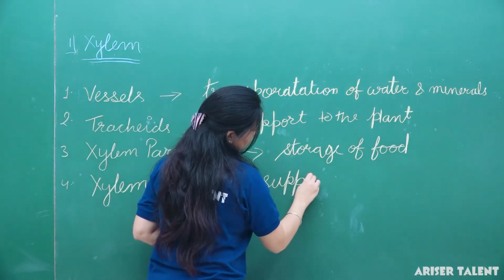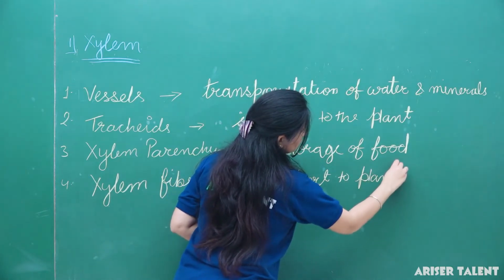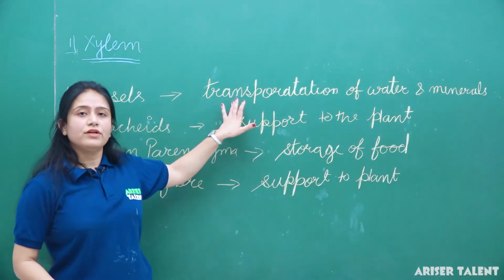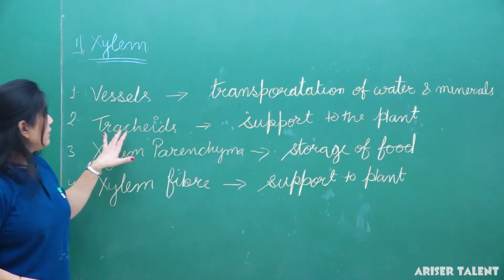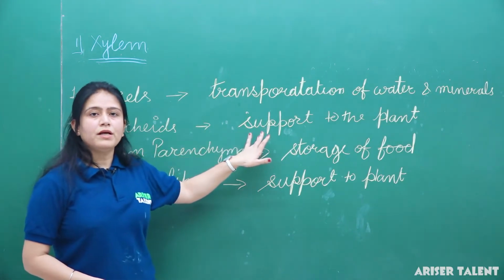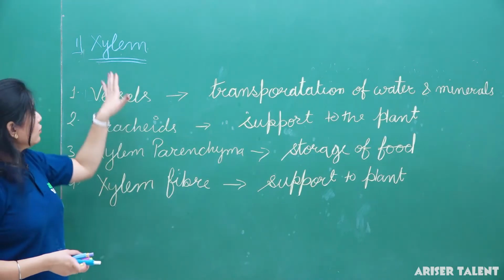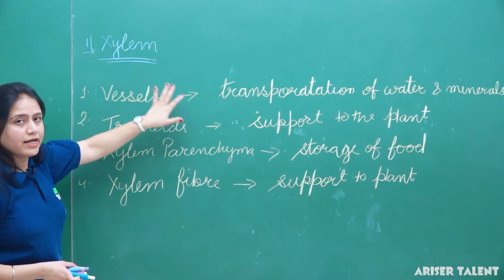Vessels do the main part of transportation of water, they are living cells. Tracheids give support to the plant, and xylem parenchyma does the storage of food. So, these are the different parts of xylem.